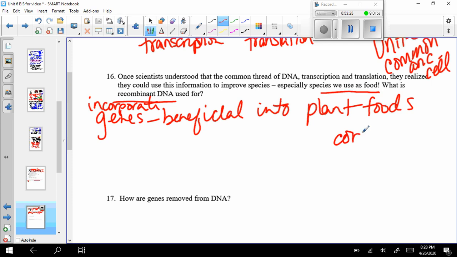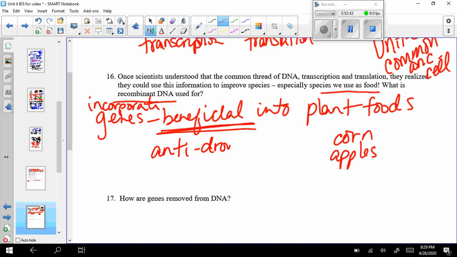So let's just think about corn and apples for a second. These are two foods that people eat a lot of. So what would be beneficial? I want it to be anti-drought, meaning that if there is a time when the crops are not getting rain, they're not going to dry up and die.